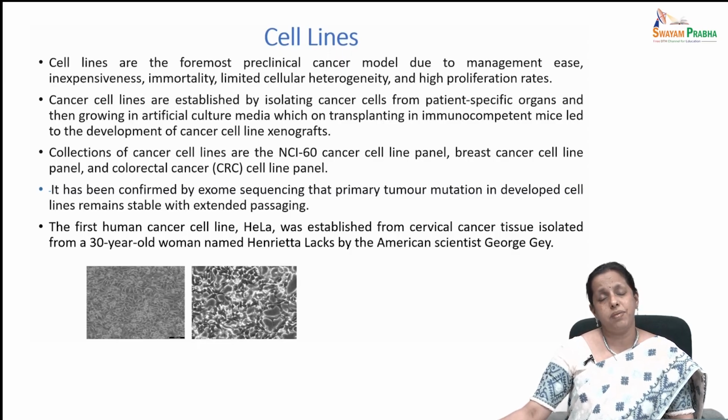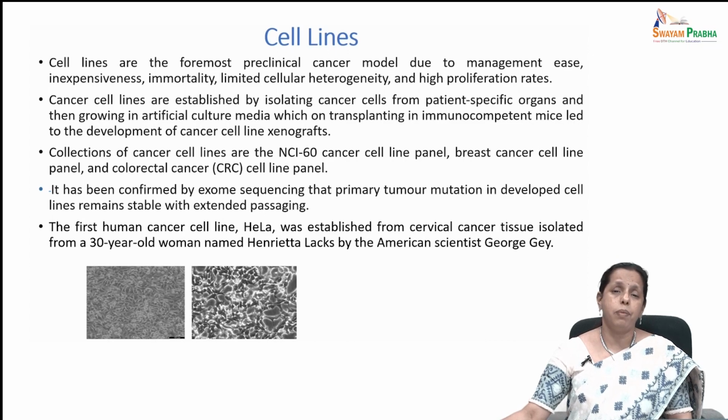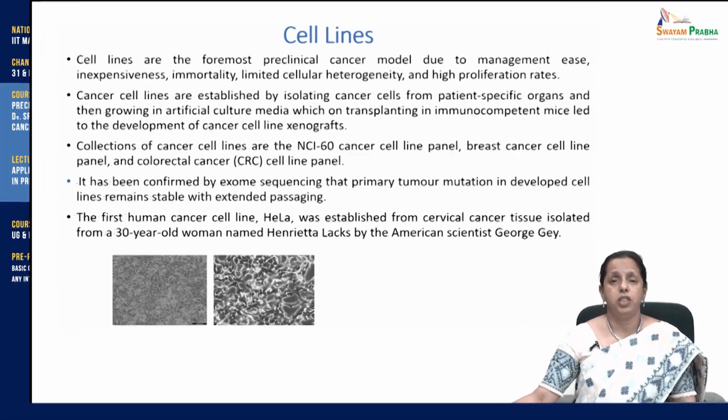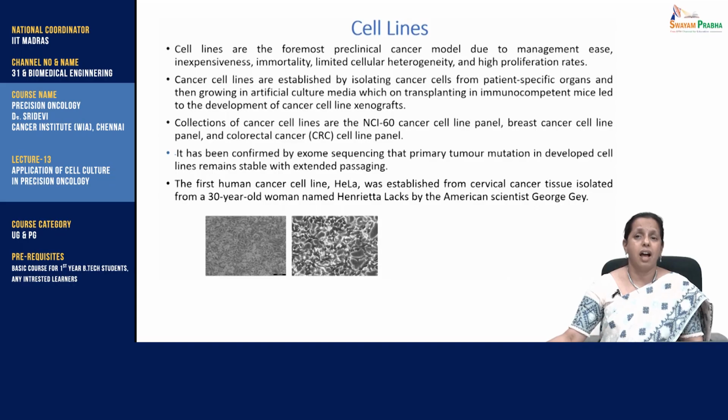Please note, this is different from patient-derived xenografts, wherein the tumor per se from the patient is implanted into the mice. But here the cell lines are injected in a particular number based on the weight of the mice to get into the mice models.